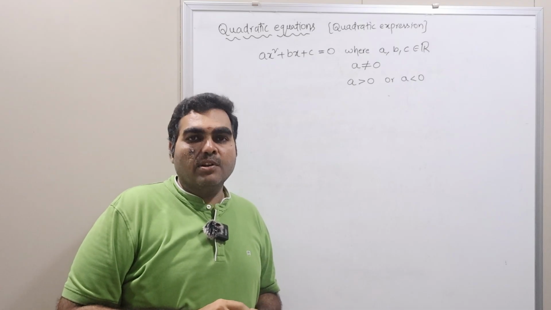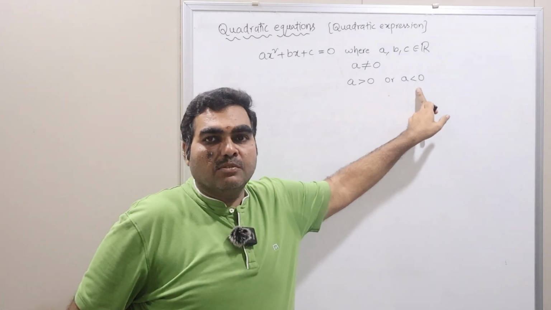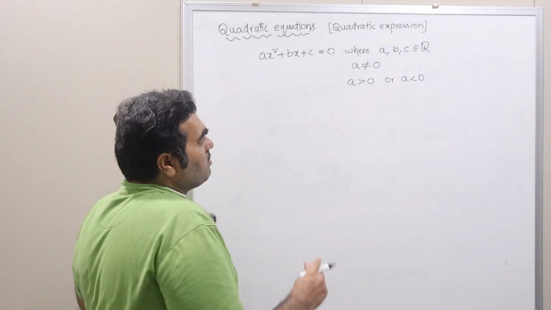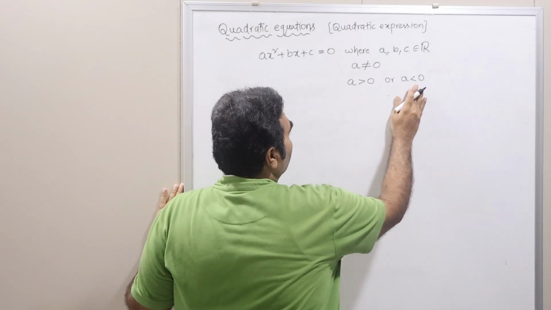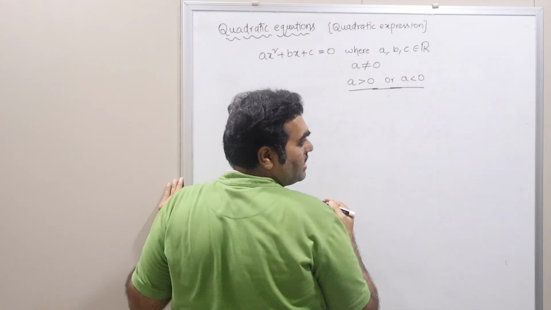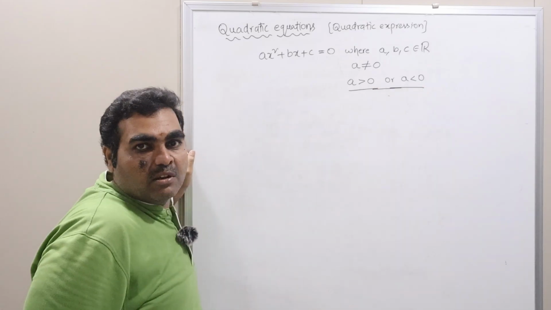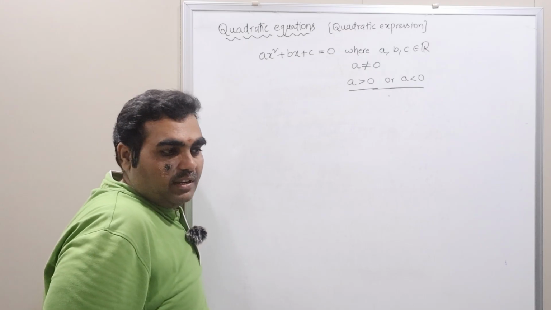I'm just saying a is not equal to 0. So a can be greater than 0 and a can be less than 0. So what happens if a is greater than 0, and what happens if a is less than 0, right? This has very, very high significance in the analysis of quadratic equations and quadratic expressions, right?